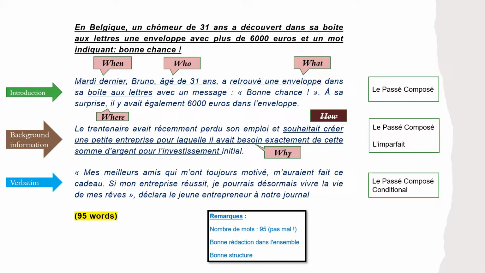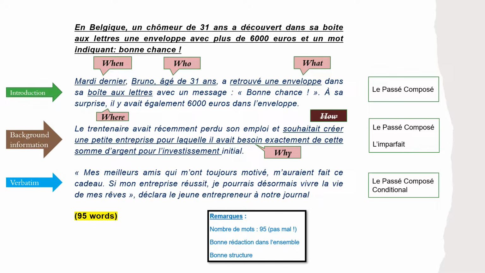So now, if you look at the sentence structure, mes amis qui m'ont toujours motivé, m'auraient fait ce cadeau. M'auraient fait is passé conditionnel tense, which is a very good tense structure. So you can use it because basically this person is not sure who has given him this gift, but is saying that my friends who always motivated me would have given me this gift. So for would have, I'm using m'auraient fait ce cadeau. So this is a very good grammar rule. You can use it, and I'm sure if you use it, you would get a slightly higher score.